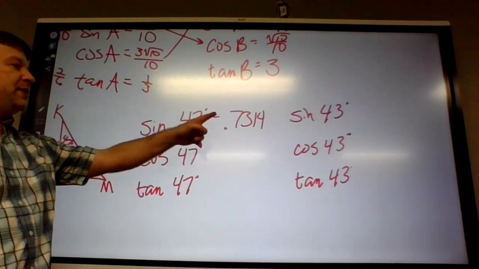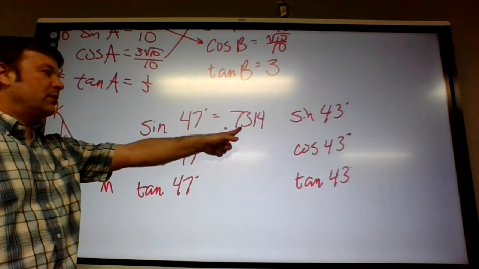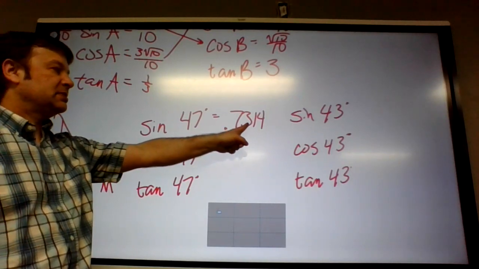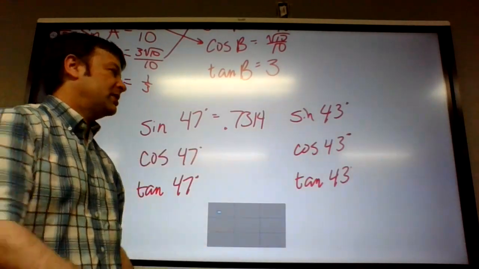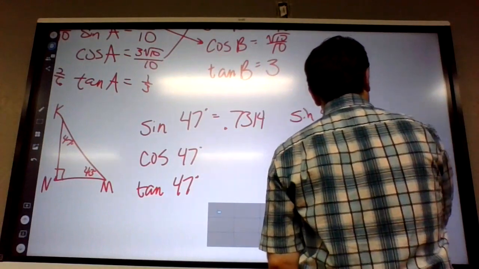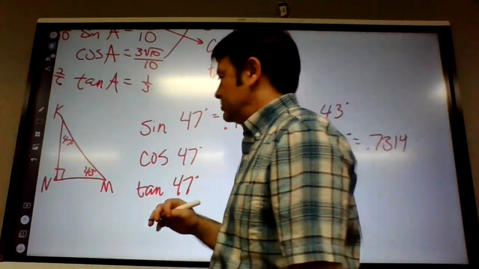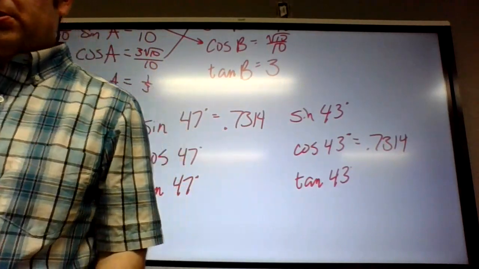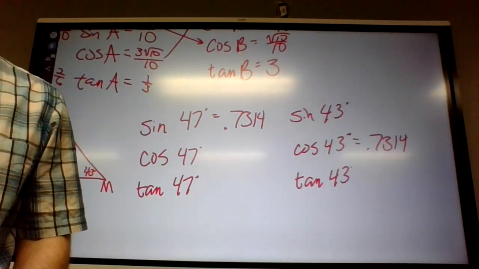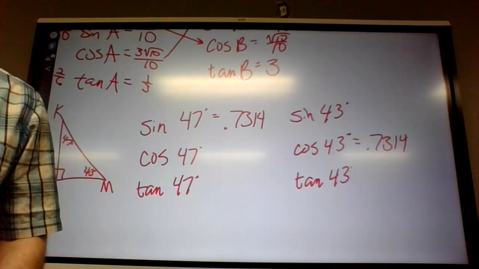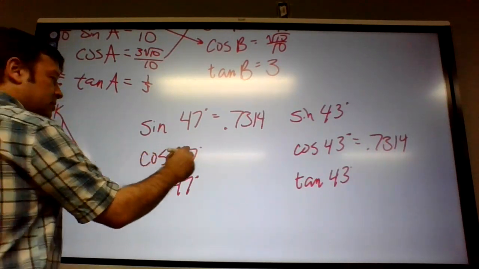Okay, but if this is 0.7314, what else do we know? This one, yeah. And then cosine of 47 is, what is it? 0.6820.